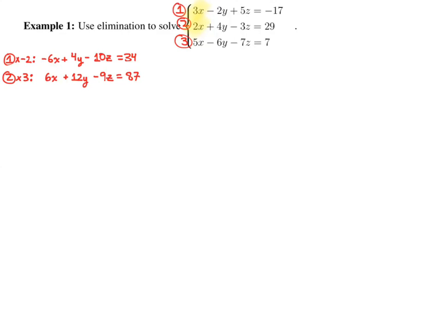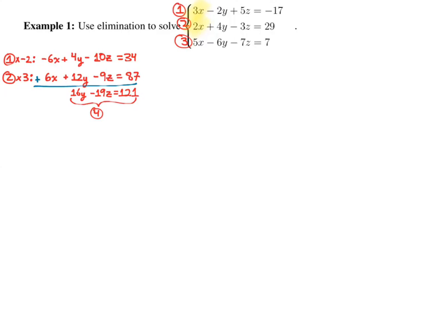And the reason why I wanted to do the 2 and the 3 is so those x's line up opposite style. So now when I add the equations together, the x's go bye-bye, and I have 16y minus 19z equals 121. Okay. There, I combined the first and the second equations, and I'll call my answer for that equation 4.